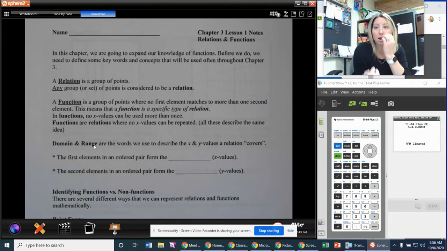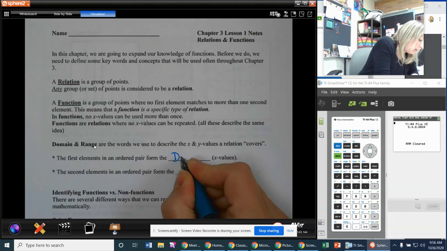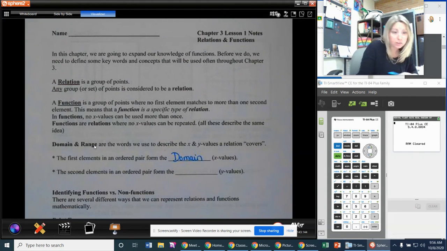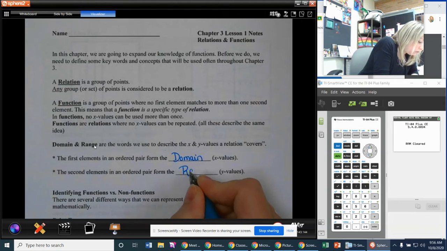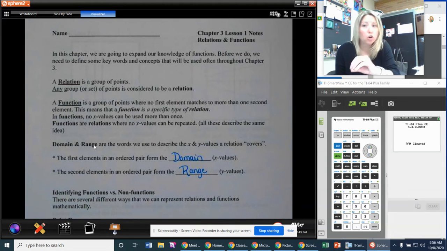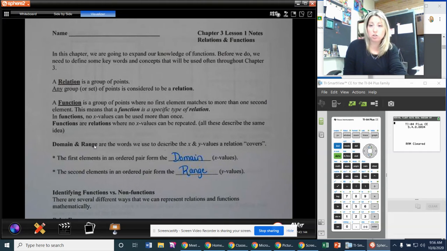Anytime you're looking at a group of points, I talk about the x values as your domain, and I talk about the y values as your range. Totally separate lessons on those two things, but this is the time that you're learning those vocab words. The domain is the set of x values being used. The range is the set of y values being used.